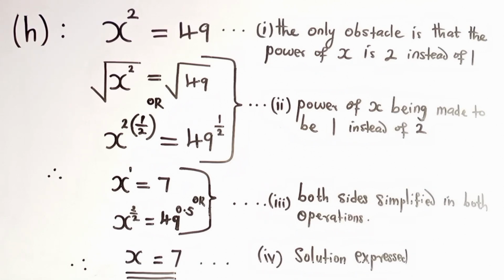If you want to clear a power, what you should do is raise the entire index to the power of the multiplicative inverse of that power. X to the power 2 altogether is called index. This is called index. Okay? Then this 2 on top is called its power.